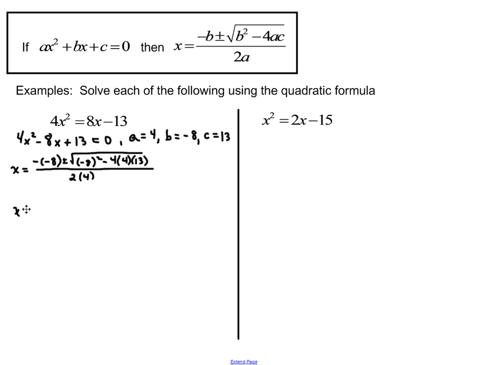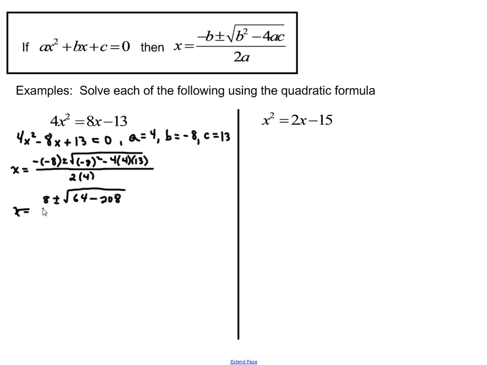x will equal, in this case, positive 8 plus or minus the square root of, we're going to get 64 minus, let's see, 4 times 13 is 52, just like a deck of cards, and 52 times 4 is going to be 208.